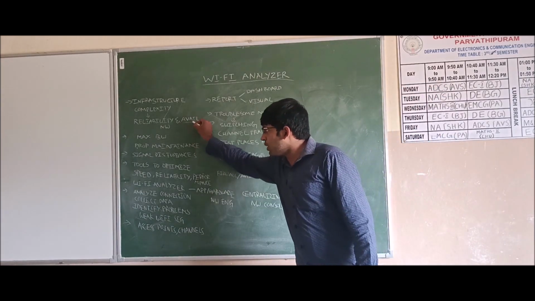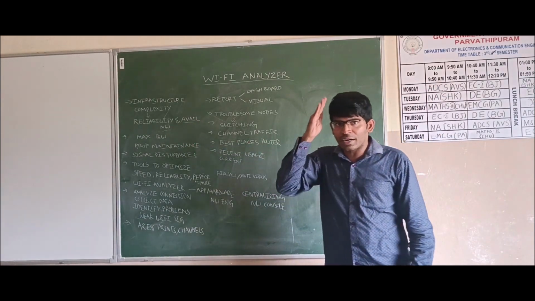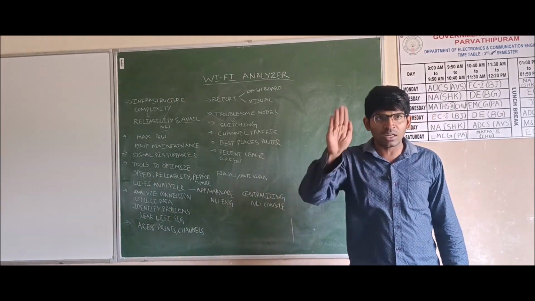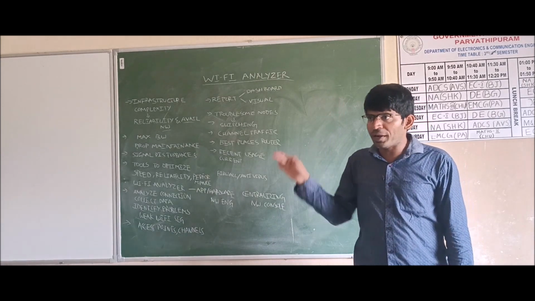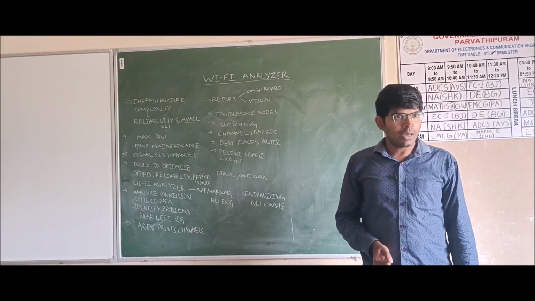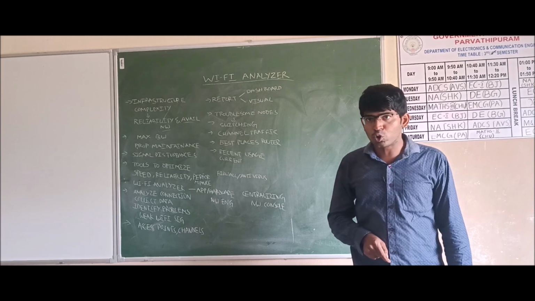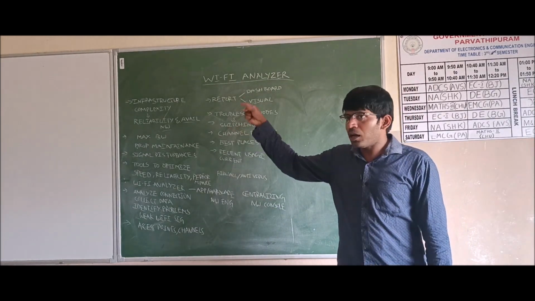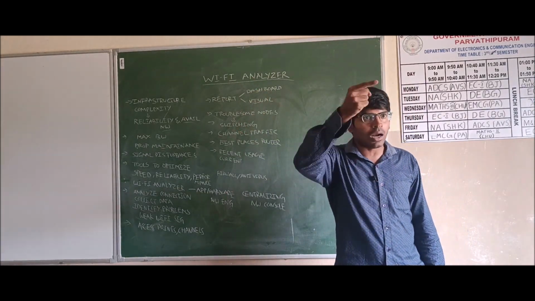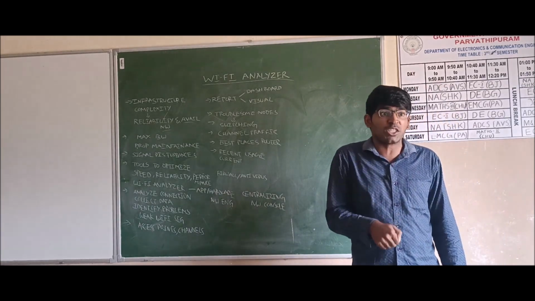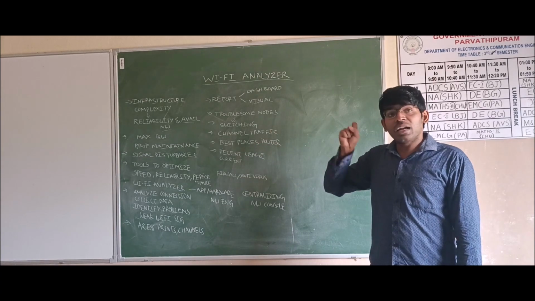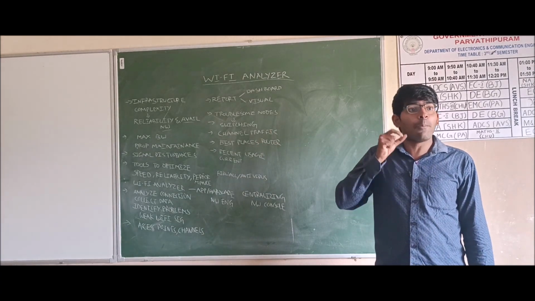So the availability of the network and the reliability of the connection, not switching on and off. The connection should be as reliable as we expect, and the availability of the network at all times should be in the same manner. That's how we expect, but in real time, that is not happening.